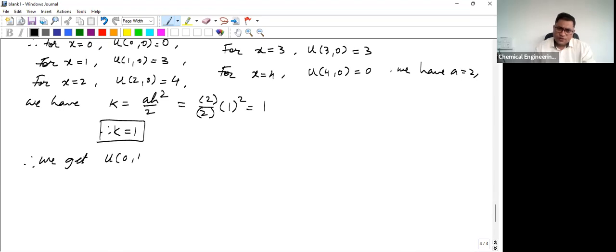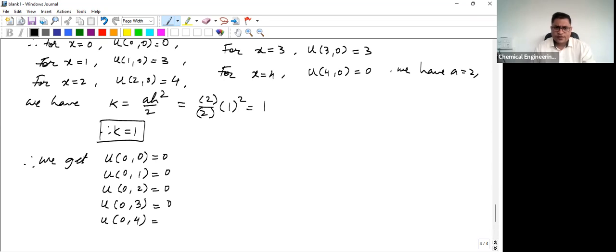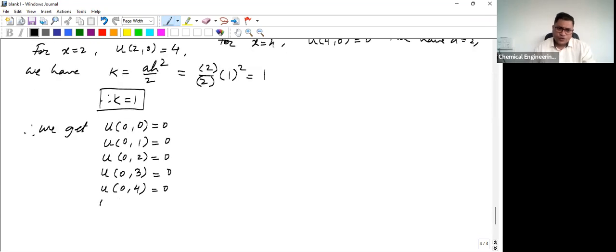u of 0, 0 that is 0, u of 0, 1 that is 0, u of 0, 2 that is 0, u of 0, 3 that is 0, u of 0, 4 that is 0. These are the values of t. And then u of 0, 5 is equal to 0.